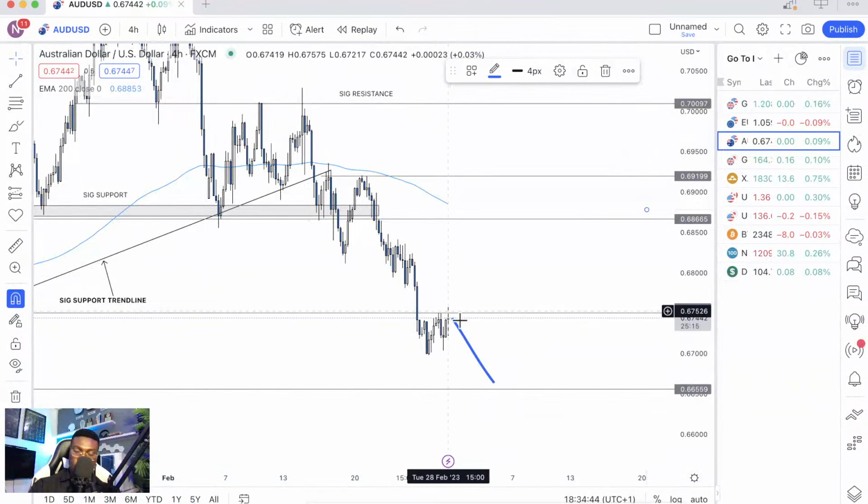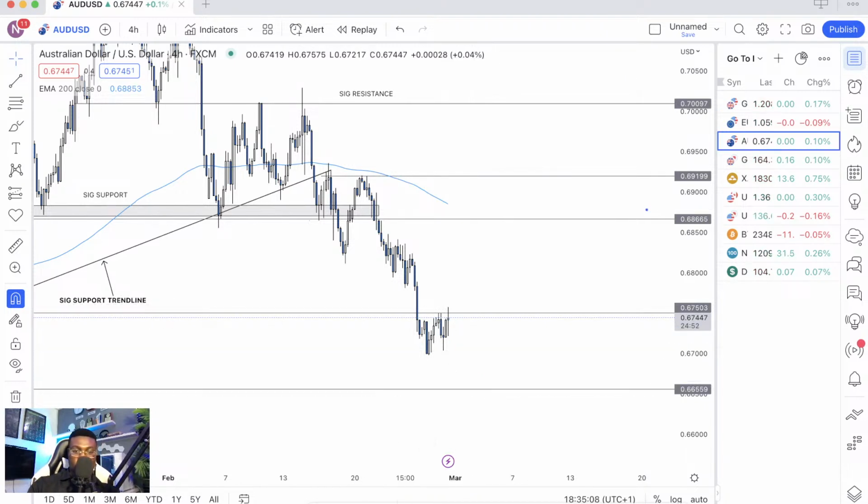If we can't break above this level and sustain the bullish momentum above 0.675, then bears are going to step in, and the market is going to continue to push down, right? But I expect this to rally up a bit.